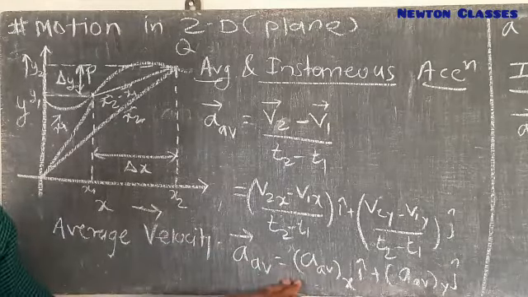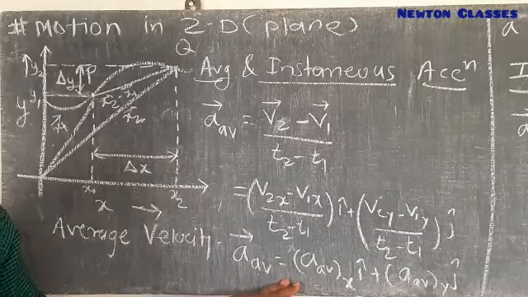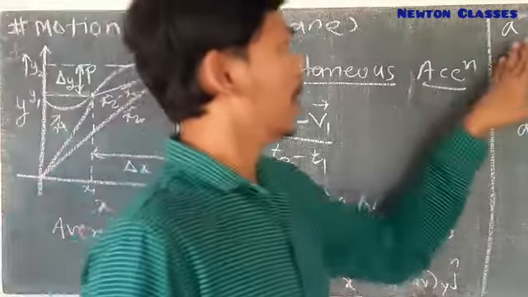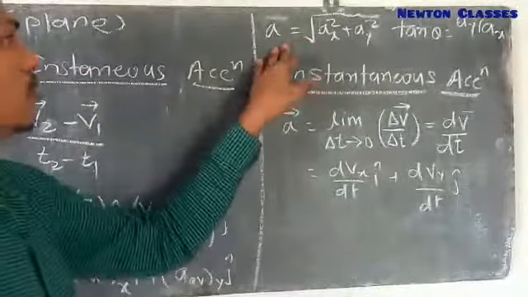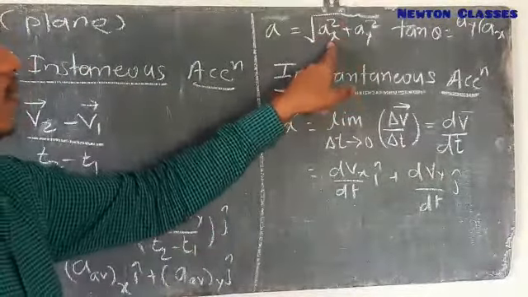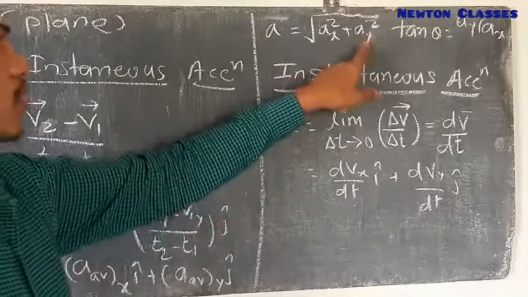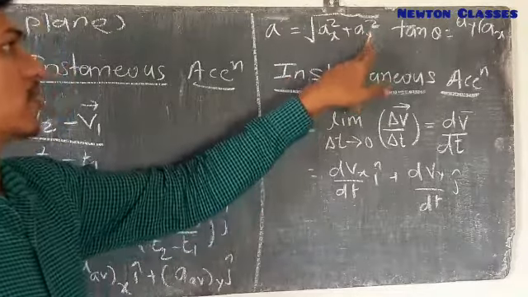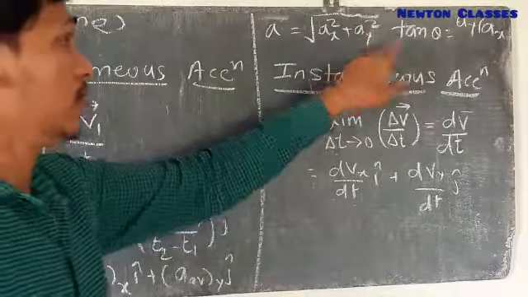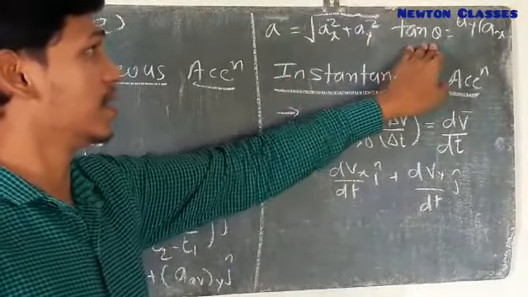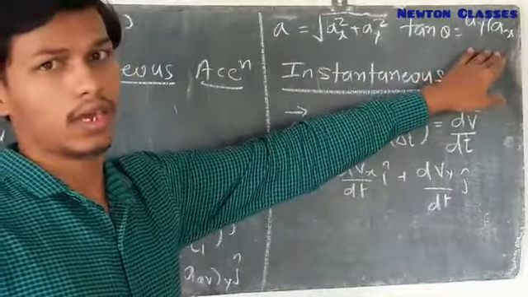Now we have to calculate the magnitude and direction of this vector. The magnitude is the square root of the square of the component of acceleration along the x axis plus the square of the component along the y axis, and the direction is given by tan theta equal to ay upon ax.